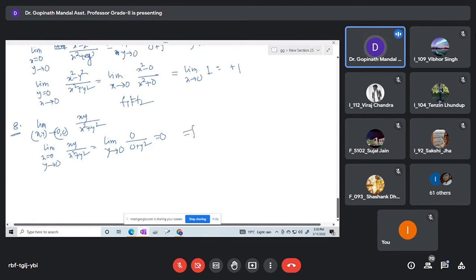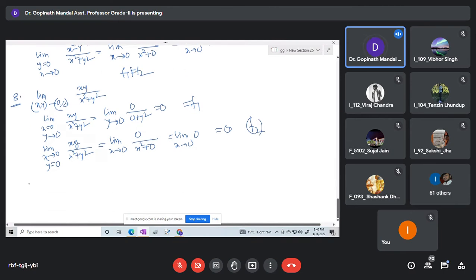That is f1. Second case, x tends to 0 and y equal to 0, xy by (x square plus y square), so limit as x tends to 0 of 0 by (x square plus 0), which is the limit of function 0, so the limit is 0. That is f2.